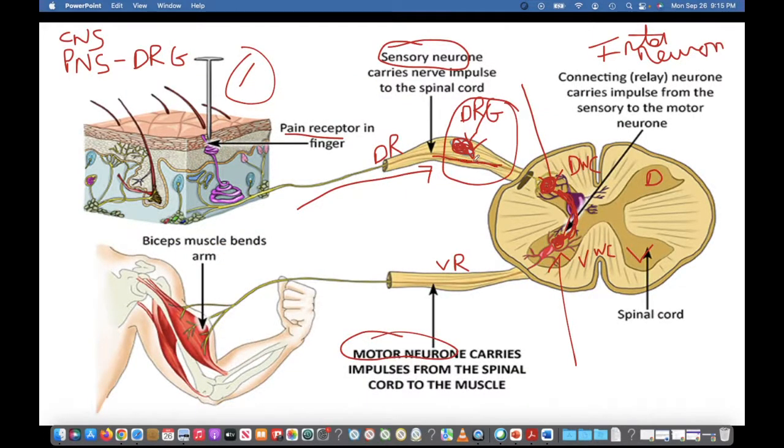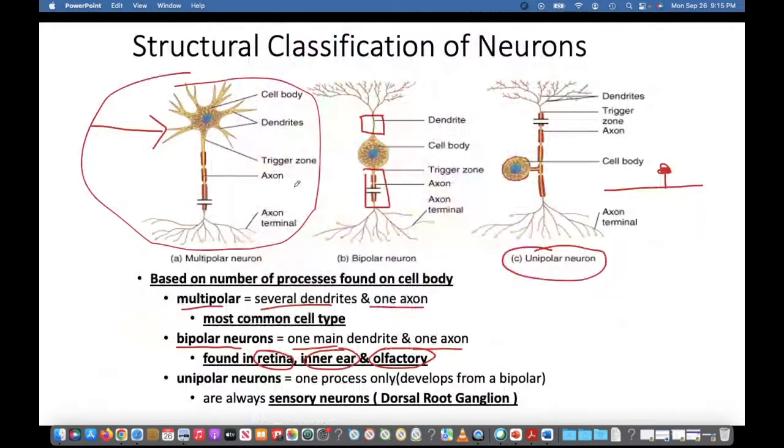Right? I drew it out. That's the DRG, or dorsal root ganglia. And what information is it carrying? Sensory input. Here it was pain. So right here, the unipolar is always a sensory neuron, and the classical example is the dorsal root ganglia.